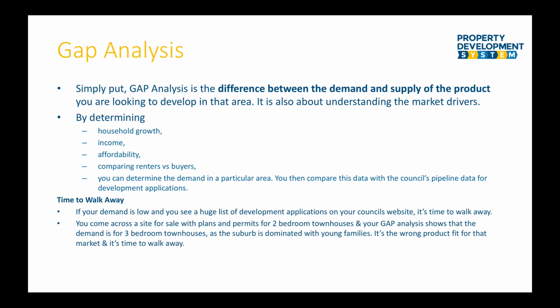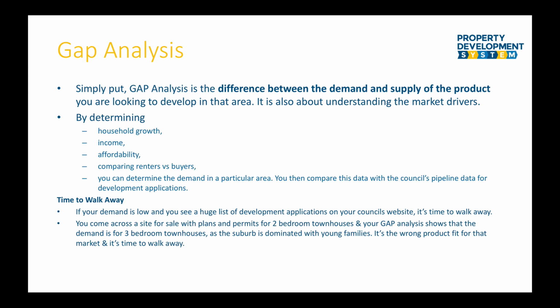Every council, if you go to their website and go into their town planning department, would most probably have a list of all the applications that are in there. Now, every council has a website that they control and run in the way that they want to do it.